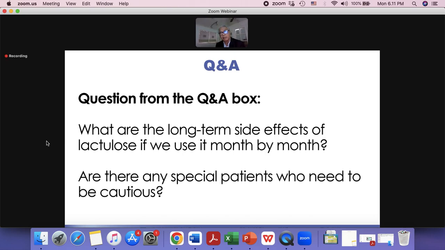So these patients should be reminded about electrolyte imbalance, and clearly, of course, also dysbiosis. And if you have dysbiosis happening in these patients, maybe you get more bloatedness, you get more abdominal discomfort, and these are some of the side effects that might happen in patients who are taking long-term lactulose.